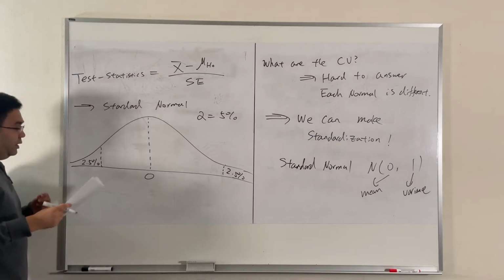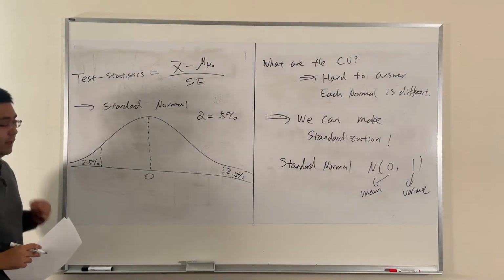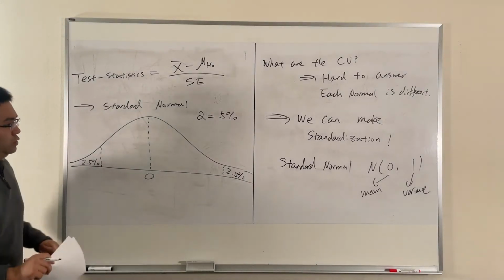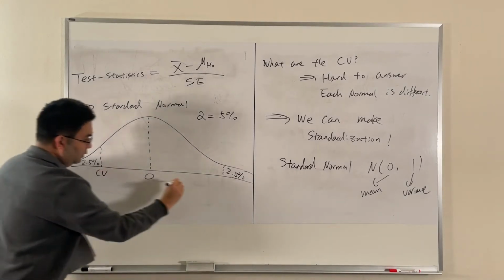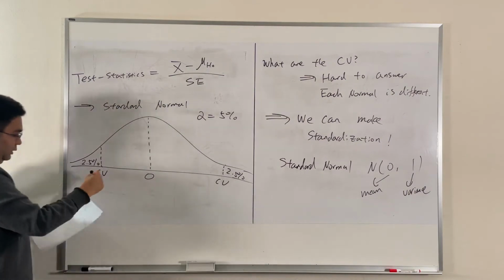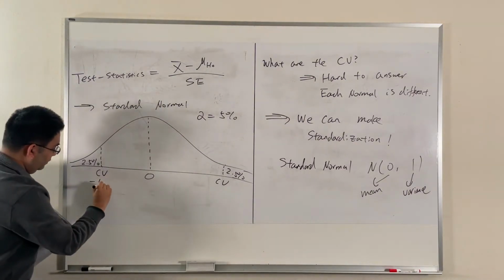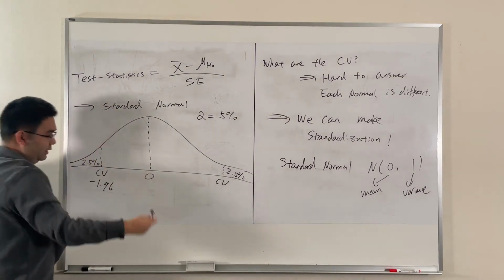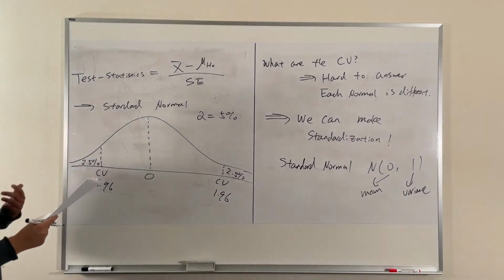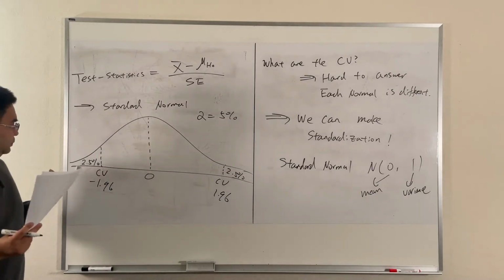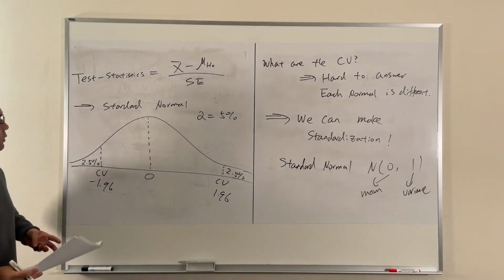Then it is very easy for us to find the critical value, because you can just jump into your z-table. On the left hand side, it's minus 1.96. The right hand side, it's 1.96. It's so easy to just use the z-table.